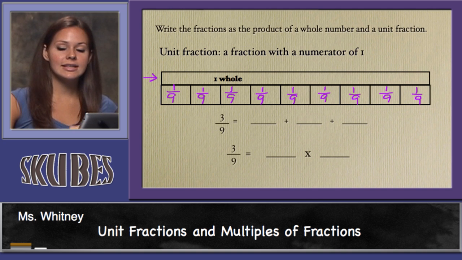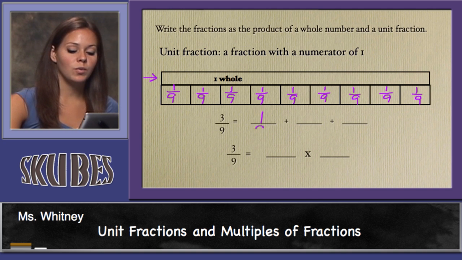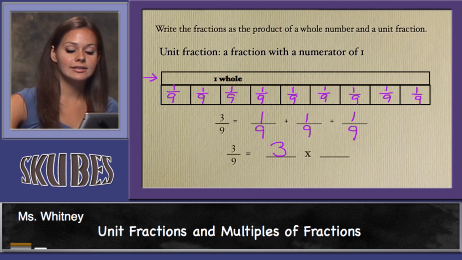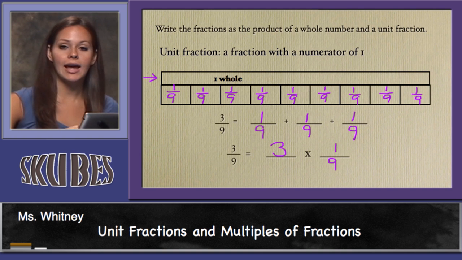So 3/9 is the same as 1/9 plus 1/9 plus 1/9. We can also write this as 3 times 1/9.